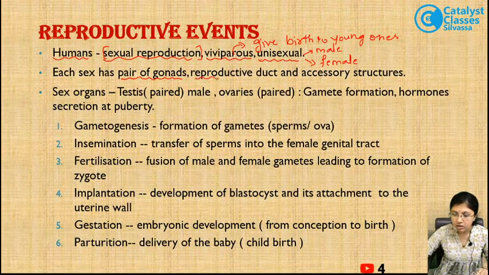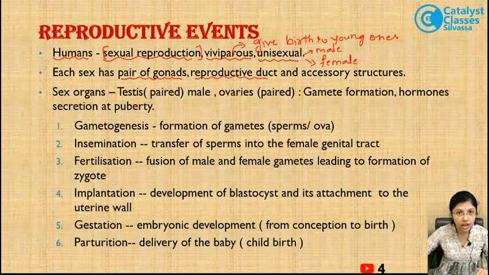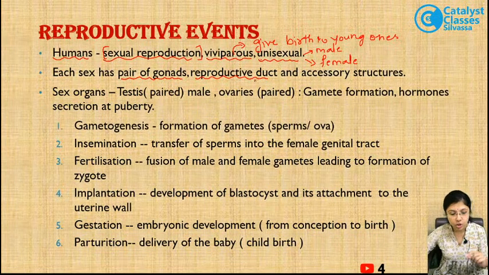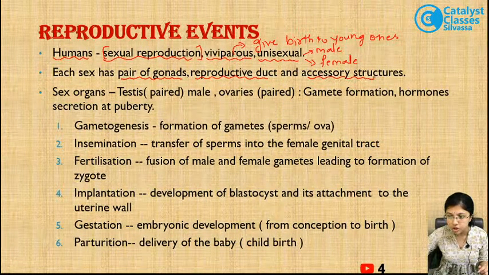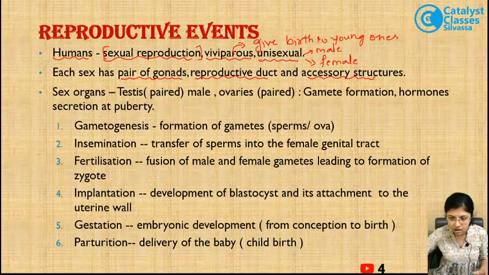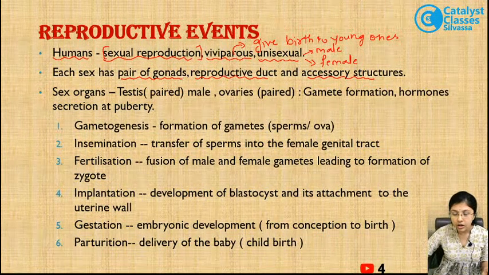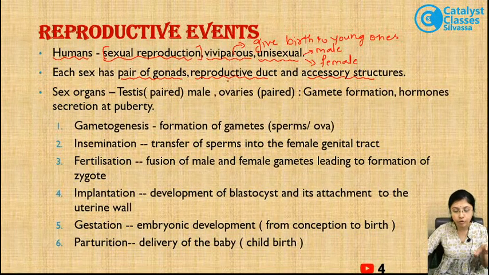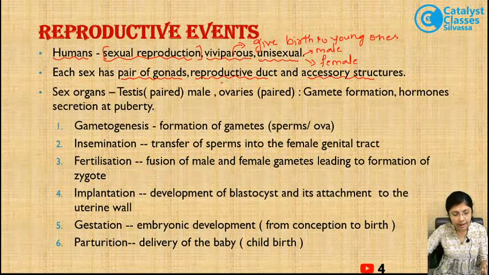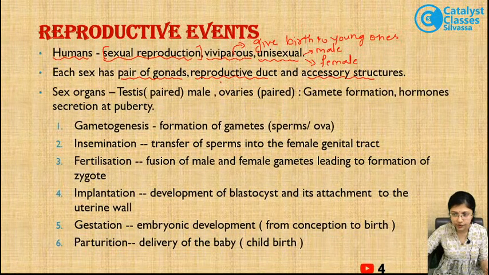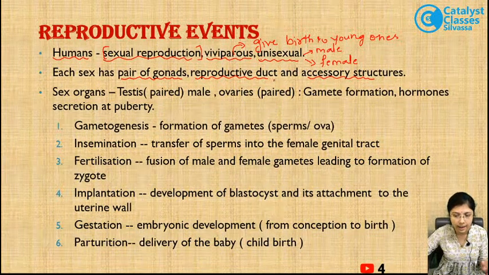Then there will be the reproductive ducts through which the gametes will be transferred. And then there will be certain accessory structures which are going to help in the transfer of gametes. Remember, gonads are the structures which form the gametes. The reproductive duct is the part where the gametes are transferred, and the accessory structures help in the transfer of these gametes.